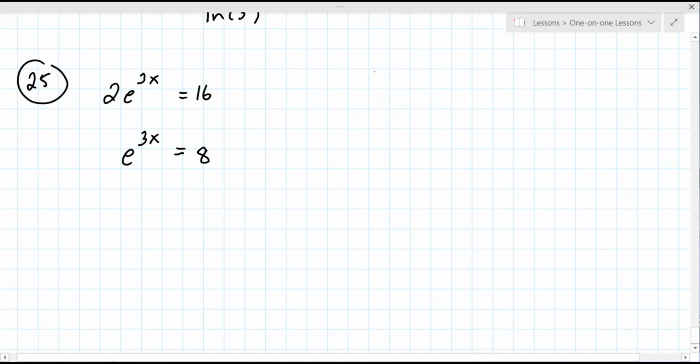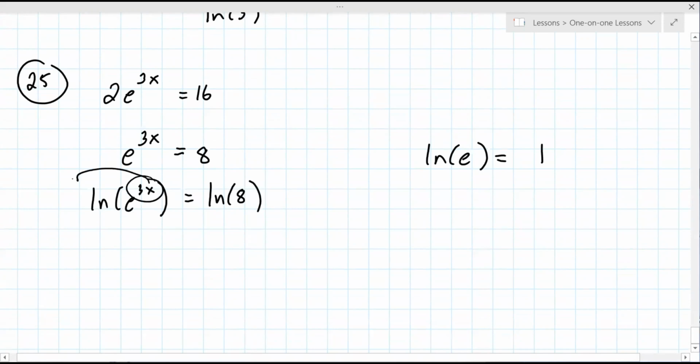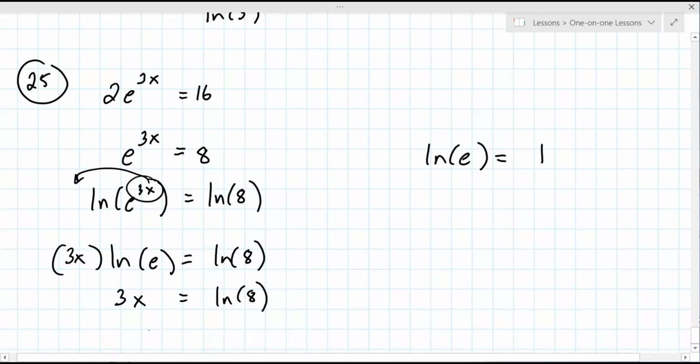The natural log of e equals 1, so you're going to take a natural log of both sides. e to the 3x equals natural log of 8. You can bring the 3x down. So you have 3x natural log of e equals natural log of 8. The natural log of e is 1, so you have 3x on the left side equals natural log of 8. x equals 1/3 natural log of 8.